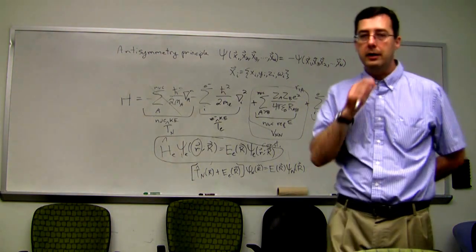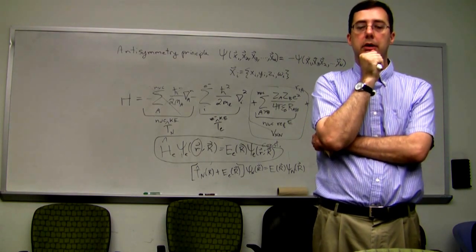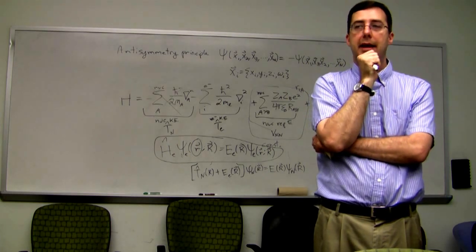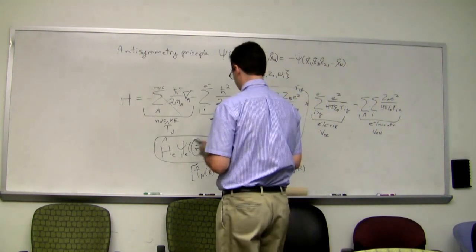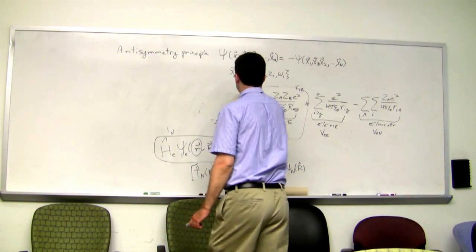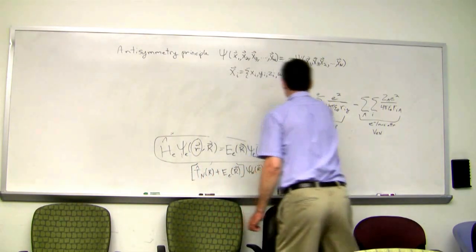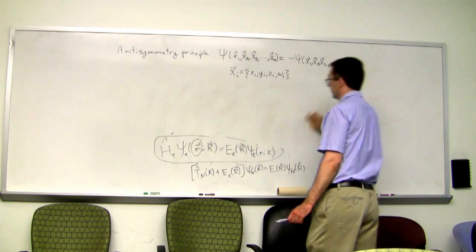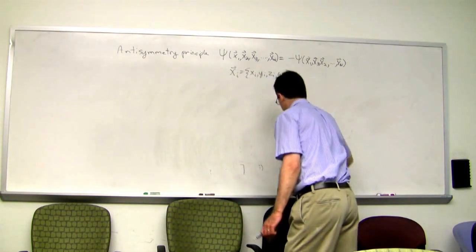All right, so how can I enforce this anti-symmetry principle? Well, John Slater had a very clever way to do this, and this is known as the Slater determinant. So let me write down a Slater determinant. I guess I will have to get rid of my Hamiltonian now. All right.